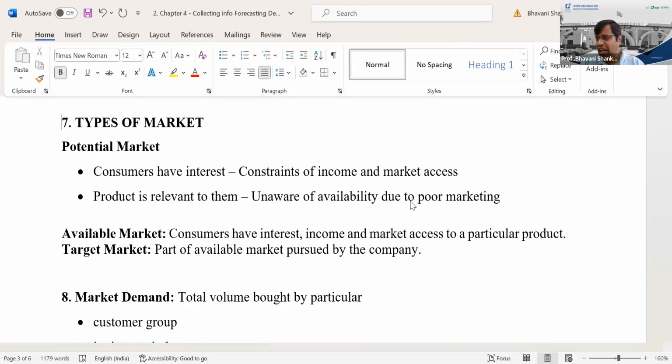That's the first thing. Then, the product is relevant to them, but they are unaware of its availability due to poor marketing. Let us take the example of the Karbonn phone, which is a low cost smartphone. A few years ago, everybody thought that a smartphone is very expensive and that lower income or middle income individuals can't afford it.